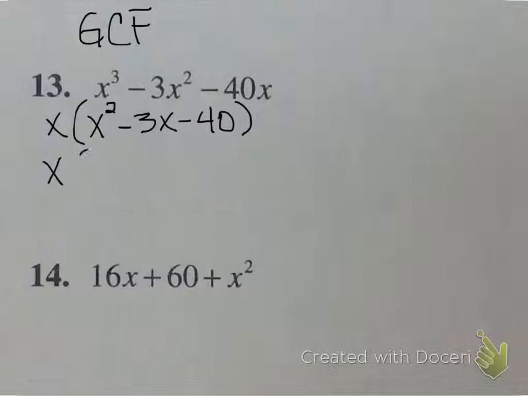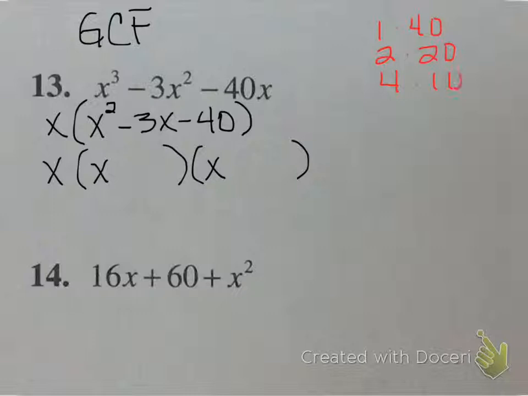Now I can break down this trinomial. I know both binomial terms are going to start off with an x. Let's think of factor pairs of 40. So 1 times 40, 2 times 20, 3 doesn't go in, 4 times 10, and 5 times 8.